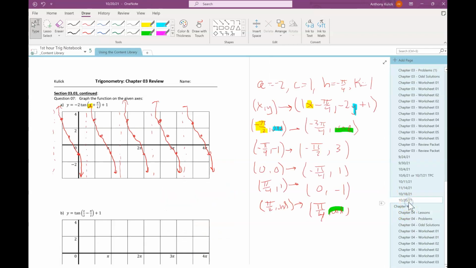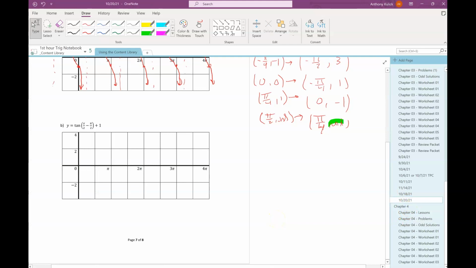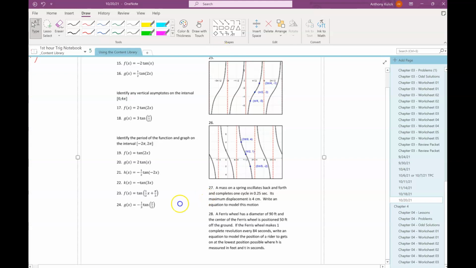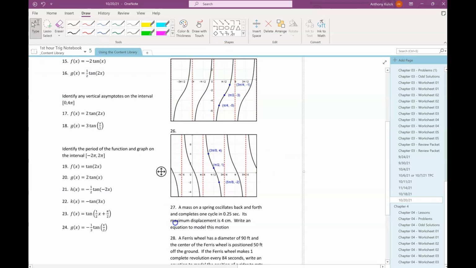Okay. It says identify any vertical asymptotes on the interval from 0 to 4 pi. And then it gives us the function.